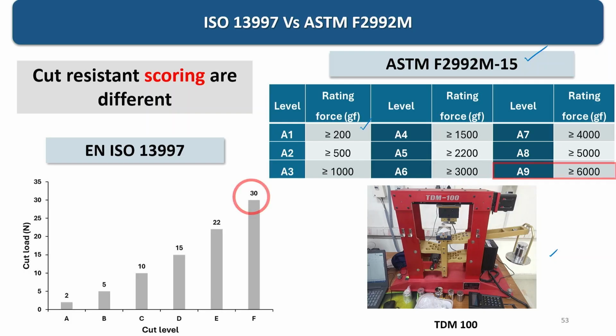So if we see, the ISO F grade and the ASTM A9 are basically equivalent. Okay. But the testing methods, TDM testing methods, are the same; their scorings are different.